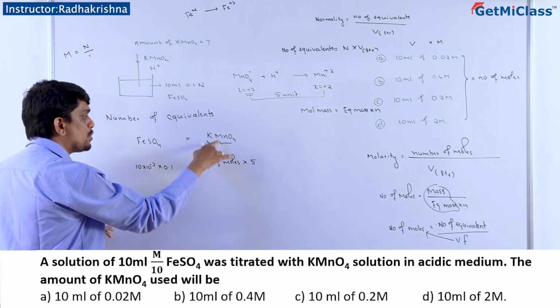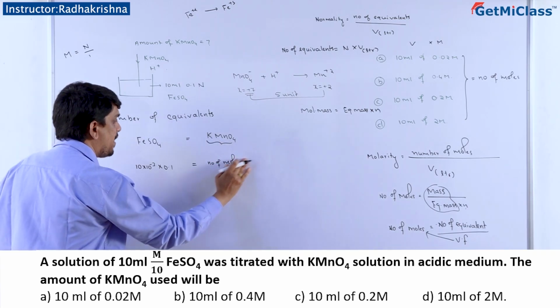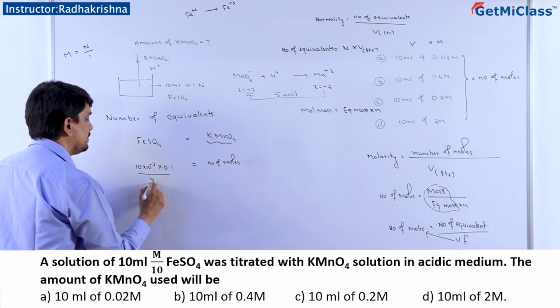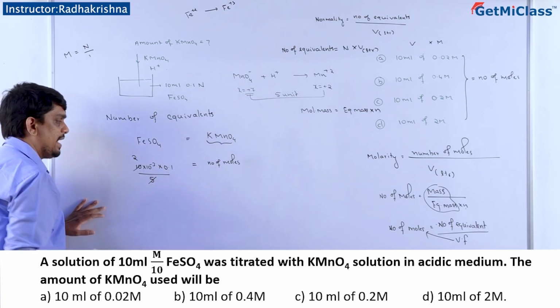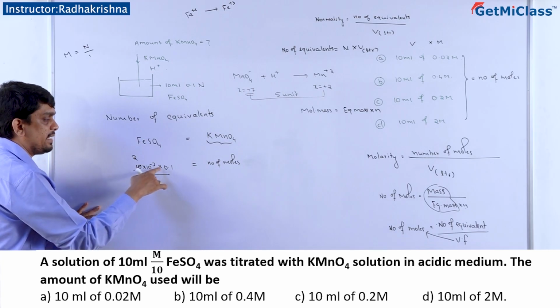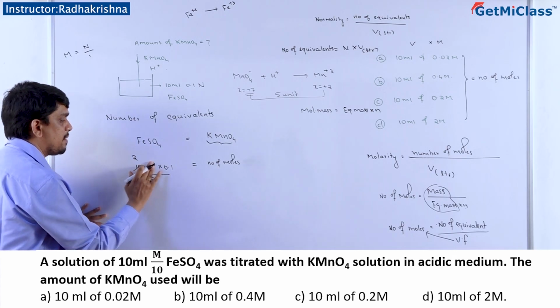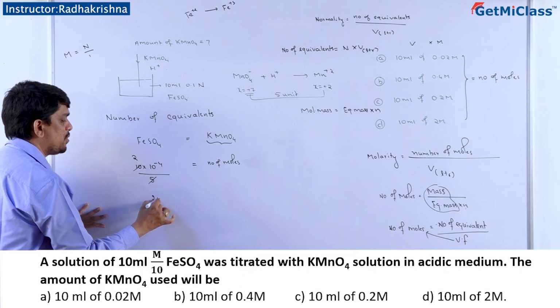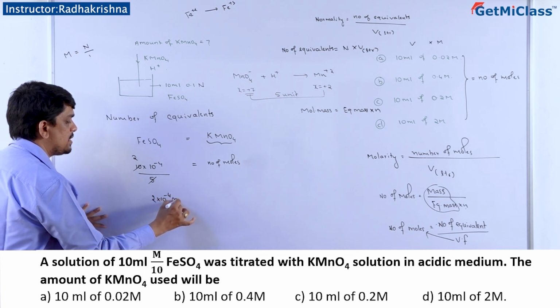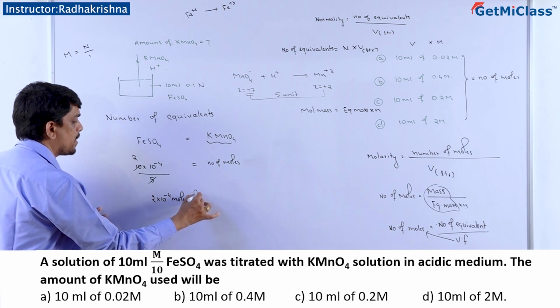So the number of moles of KMnO4, let's take 5 over this side: 5 ones are 5, 5 twos are 10. 10 power minus 3, 10 power minus 1 is 10 power minus 4. So 2 into 10 power minus 4 moles of KMnO4 required.